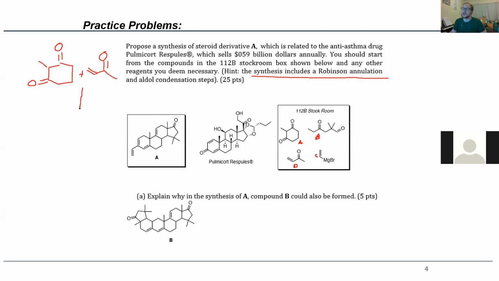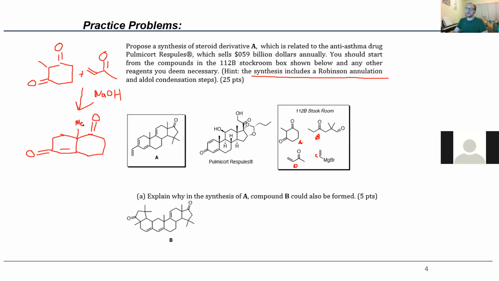And so please refamiliarize yourself with the Robinson annulation. It's a very important reaction. So we can just catalyze it with base here. And that can give us products that look like this.